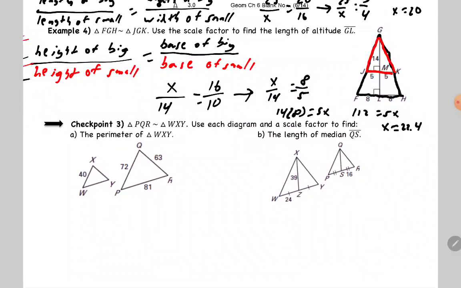Alright, here we go. So they tell you that these triangles are similar.